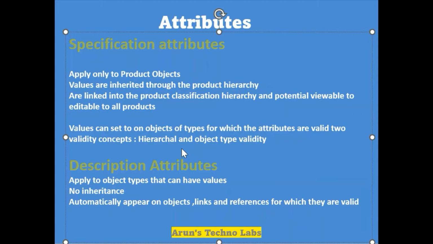This is mandatory for specification attributes. For description attributes you don't need to link it, just give the validity, that's it. There are options in the step tool before you create the attribute and link the product.